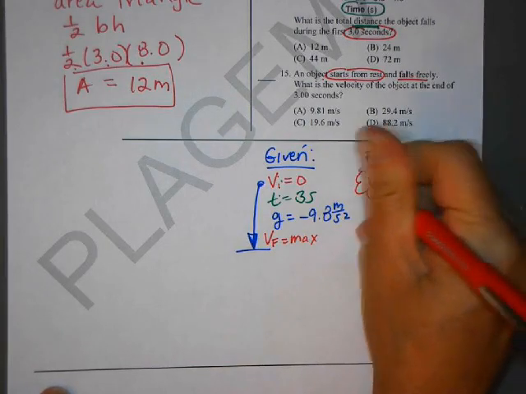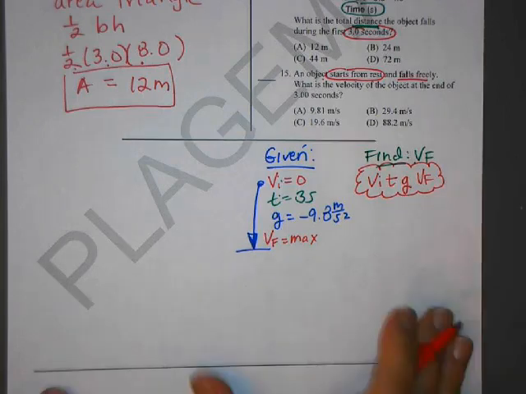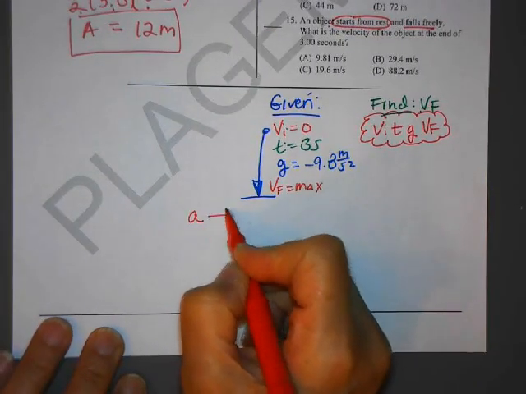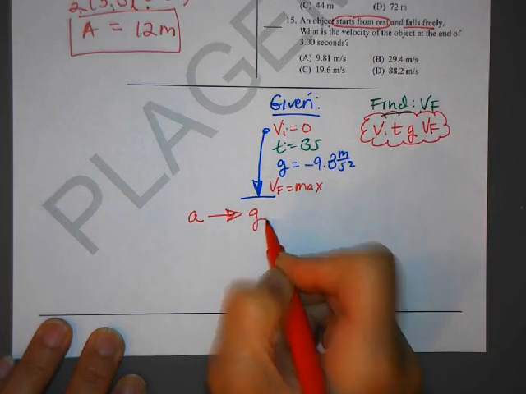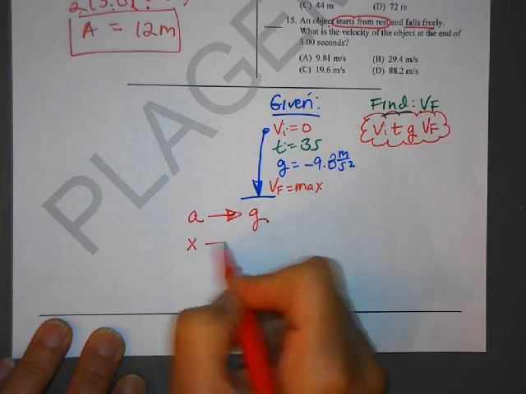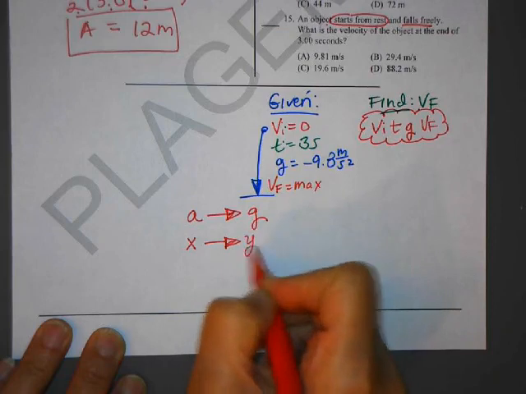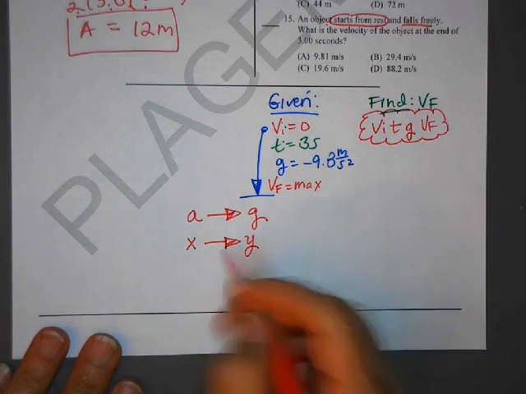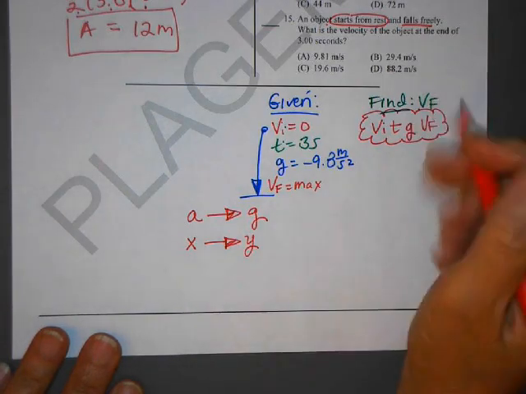So these are the same kinematic equations, but for free fall, whenever I have an A, it becomes a G, and then wherever I have an X, it becomes a Y, which I don't even need here because I'm not solving for that.